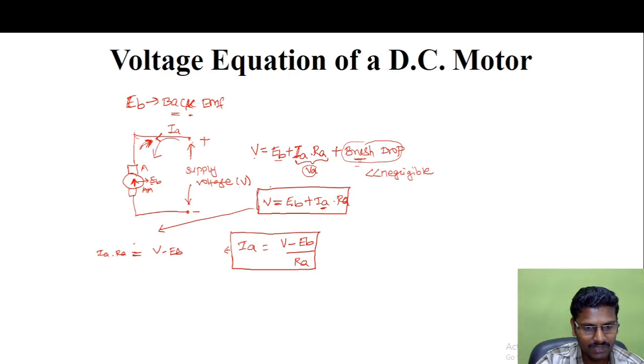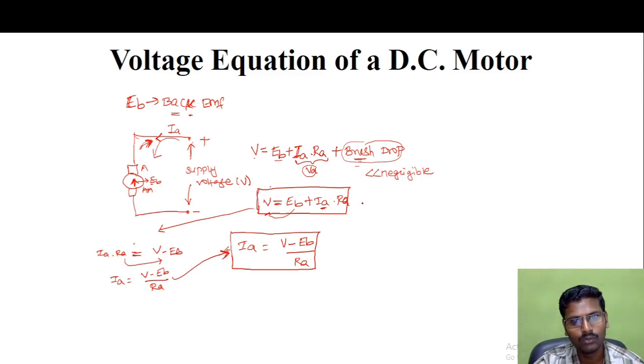I am just bringing this EB to this side, so plus becomes minus. Now I am taking RA into the denominator to find IA, so IA is equal to V minus EB divided by RA. This is the expression I got. So these are the voltage and armature current expressions for a DC motor. Thank you.